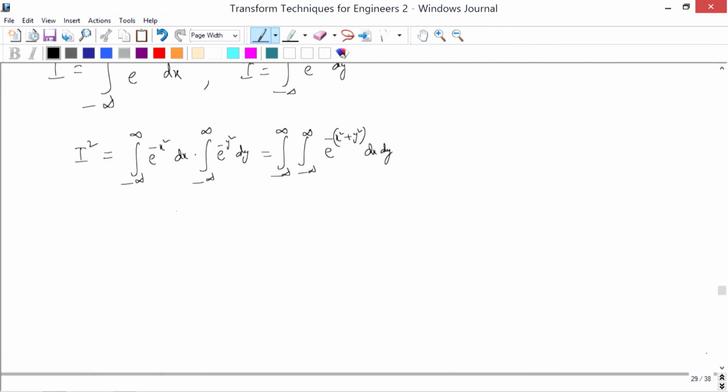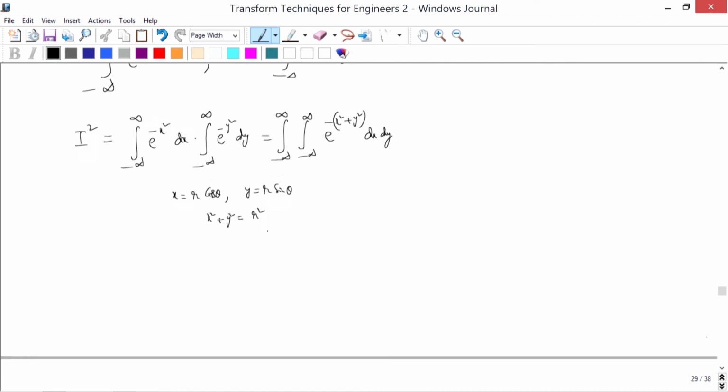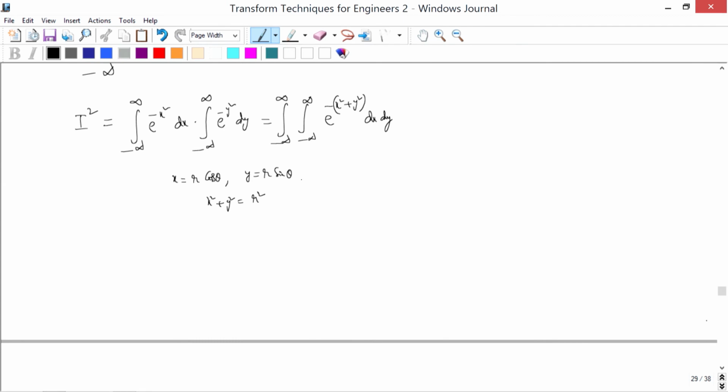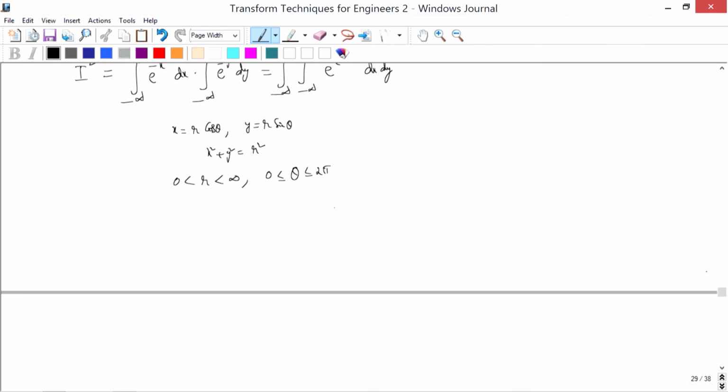Now, if you use x equal to r cos theta, y equal to r sin theta, then x square plus y square is r square. For the full plane, r is between 0 and infinity and theta is between 0 and 2 pi. If x, y range between minus infinity and infinity, the domain becomes this.